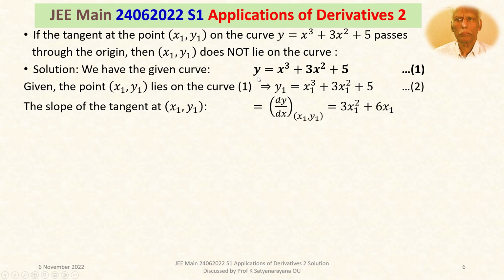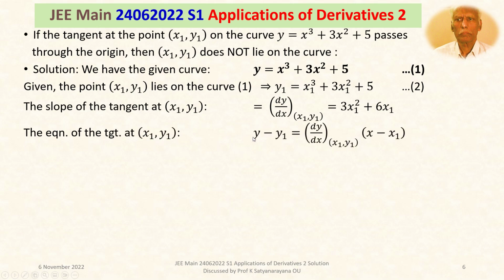When you differentiate equation 1, you will get dy by dx is equal to 3x square plus 6x, and at the point x1, y1 it will be 3x1 square plus 6x1. Now the equation of the tangent at this point x1, y1 is y minus y1 equal to the slope at x1, y1 multiplied by x minus x1.